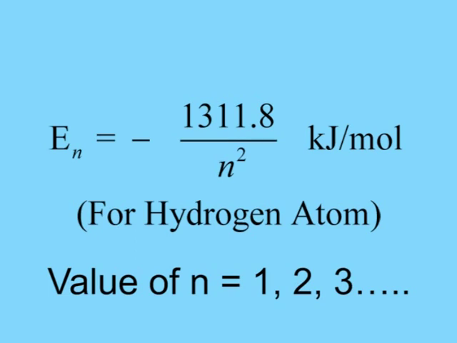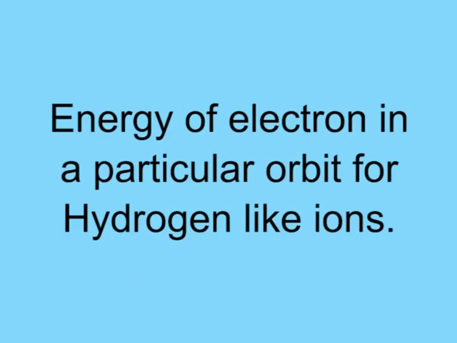On placing value of n is equal to 1, 2, 3, etc., we can calculate energy of electrons in various orbits. Let us also calculate energy of electron in a particular orbit for hydrogen-like ions.